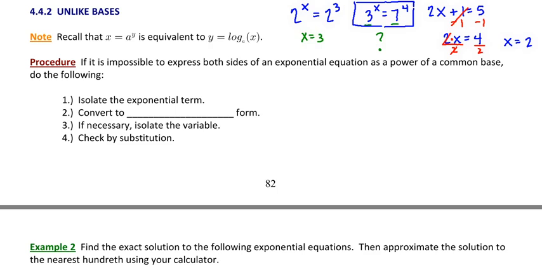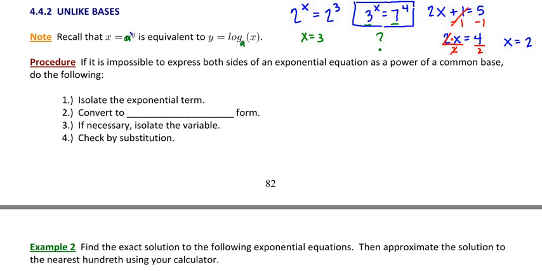So let's recall that the expression x equals a to the y is equivalent to y equals log base a of x. So if I have an equation in exponential form, my goal is to rewrite it in logarithmic form. So, reminders of the important points on how to do that. The base of my exponential equation is the base of the logarithm.